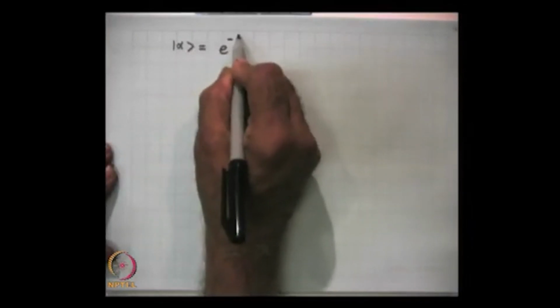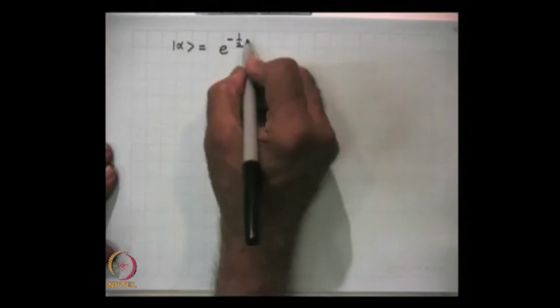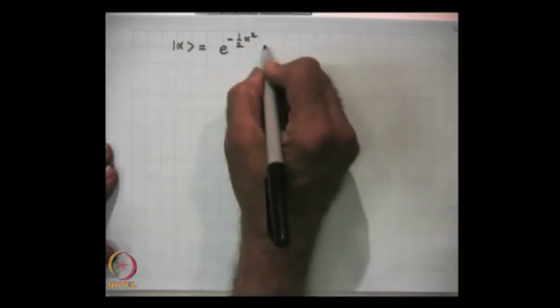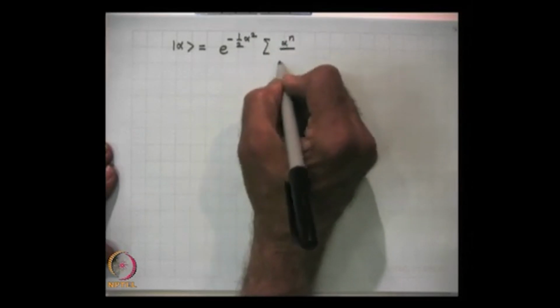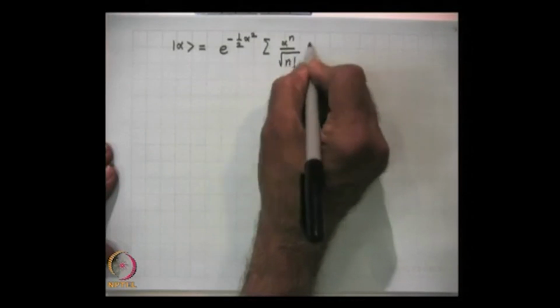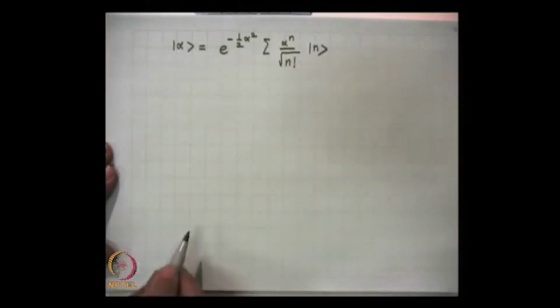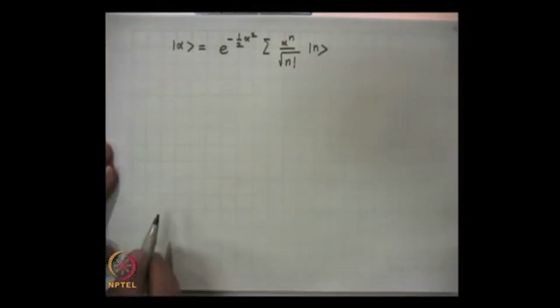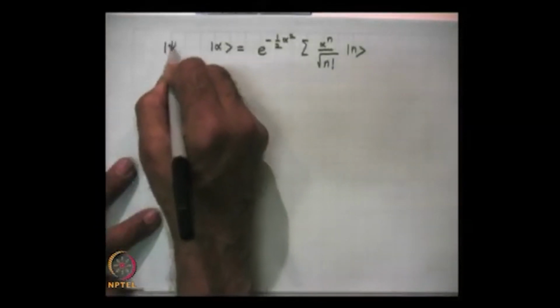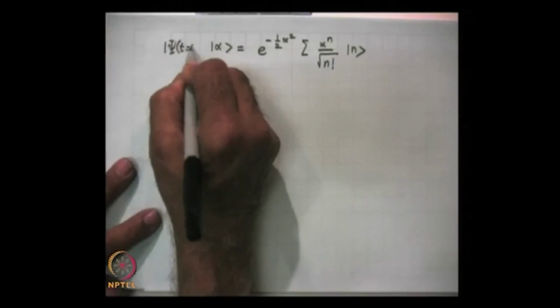Now, the ket alpha, we have already shown, is equal to e to the power of minus half alpha square, and let me assume alpha to be real, just for the sake of simplicity, summation alpha to the power of n over square root of n factorial ket n. So, initially this is ket psi at t equal to 0.